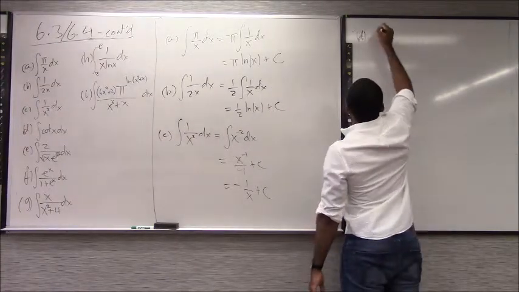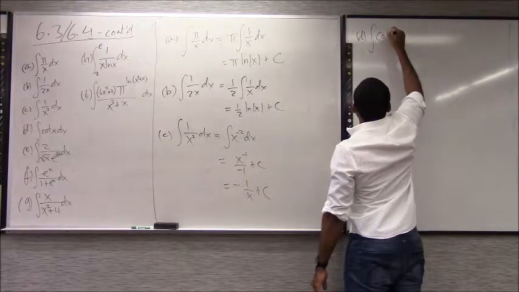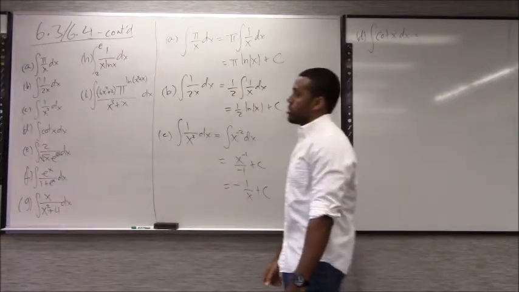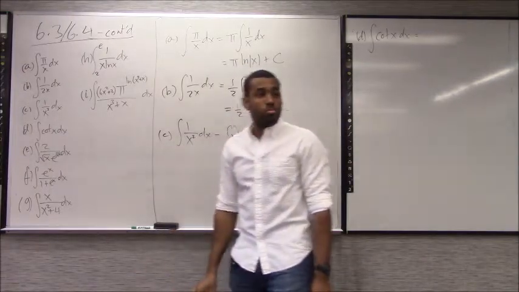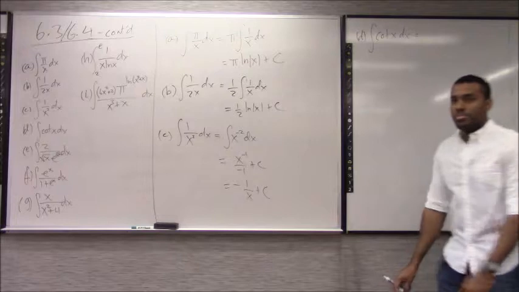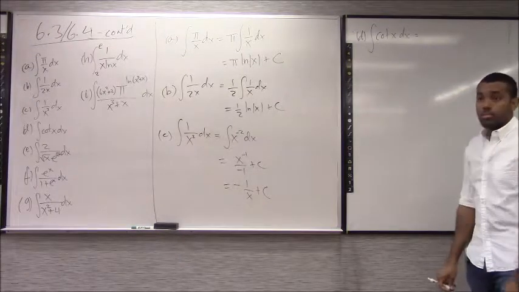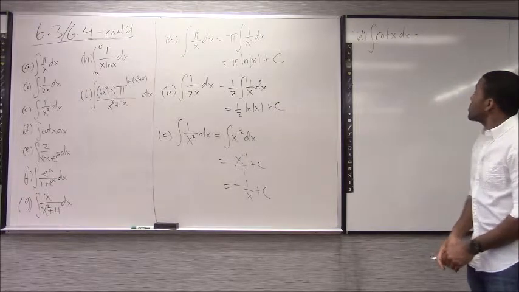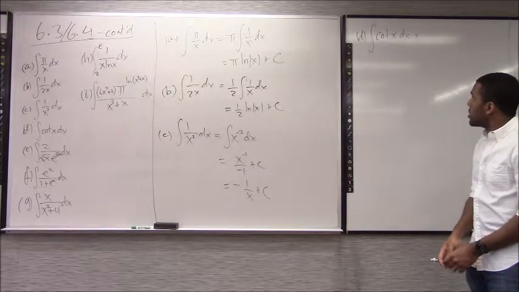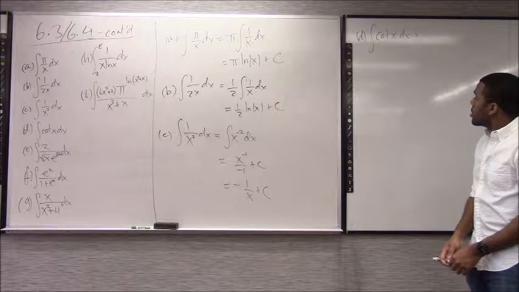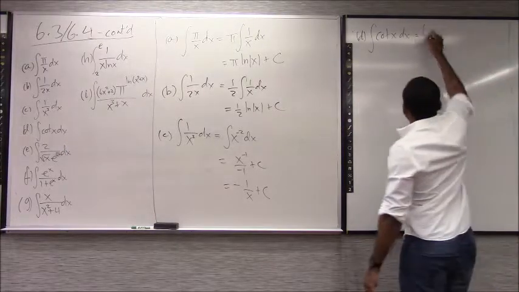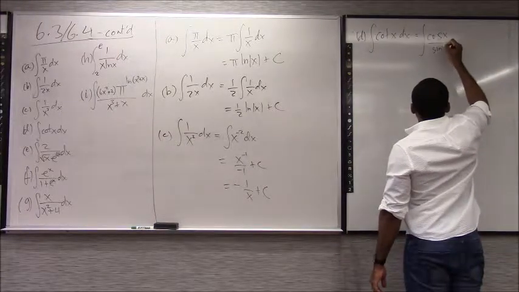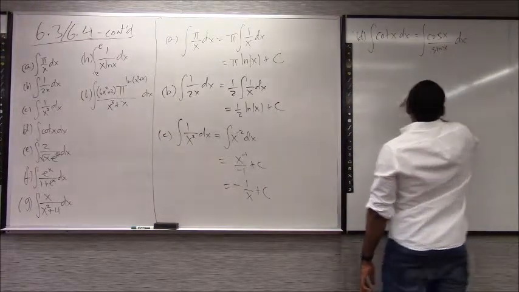D. How would you figure out the integral of cotangent? I made cotangent cosine x over sine x, and then u was sine x.